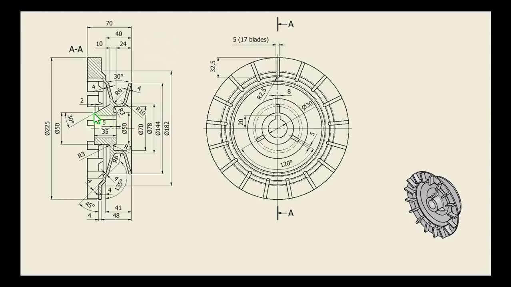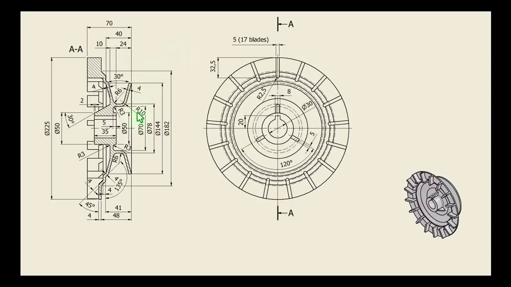Now we have this hub, yes? And we want to create the external contour of this feature, but we choose half of it, not all the shape.